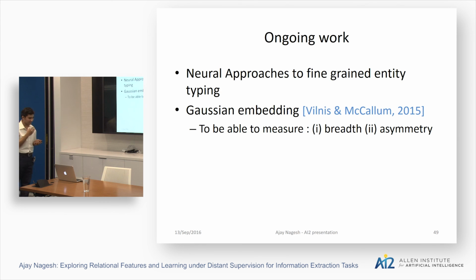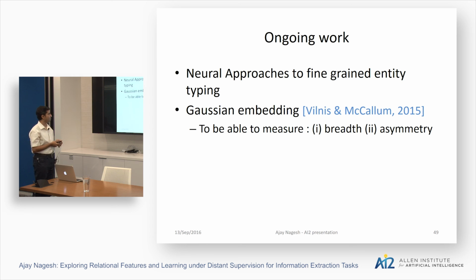And this is again very preliminary work, and the way we are approaching it is to use neural network based approaches using attention mechanisms to do this fine-grained typing, and using novel embedding techniques.